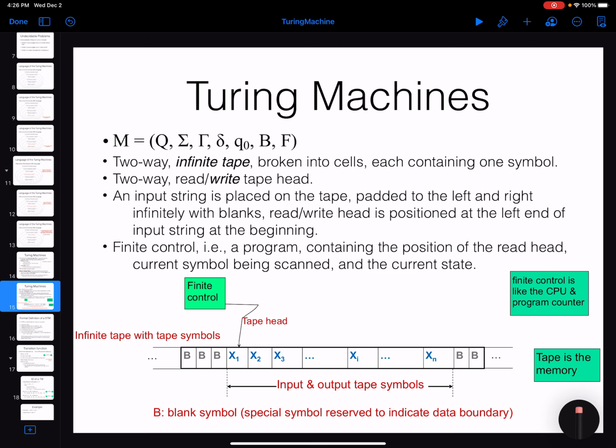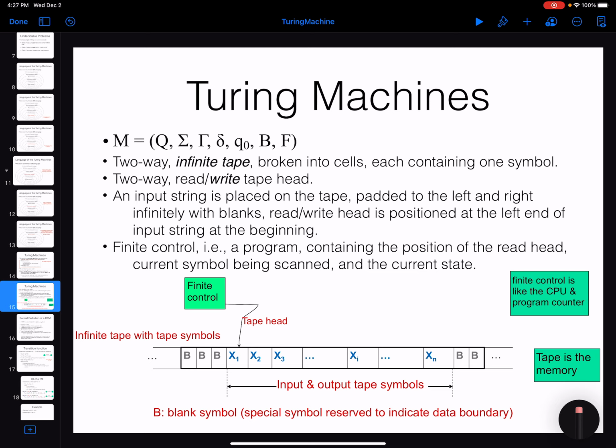We have talked about finite state machines, which were just a set of finite states and the transitions between them. Then we talked about the push-down automata, which is informally a finite state machine that has access to a stack as well.